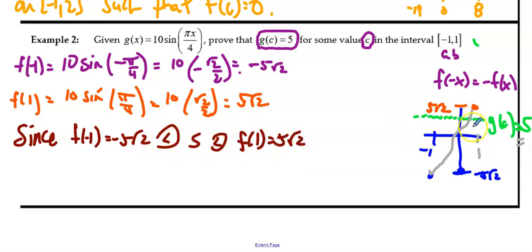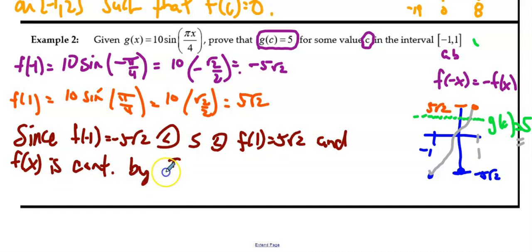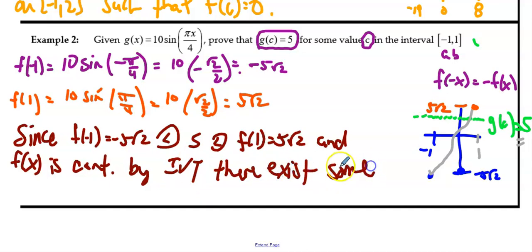So again, that's just saying that this is in between the two y values, and again, f of x is continuous, okay, it's continuous by IVT, there exists some value c, and again, we don't know where, we just know that the c value is right here. We don't know exactly what it is, and we don't need to know what it is, on the interval from -1 to 1.